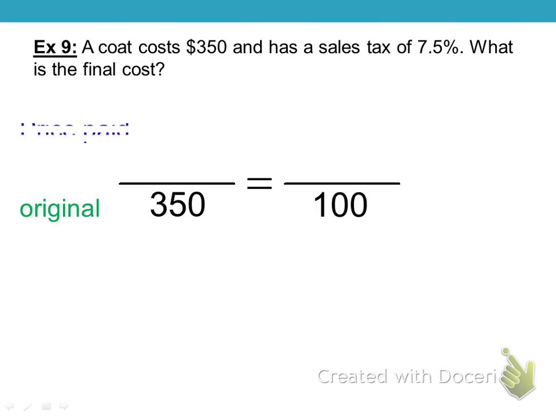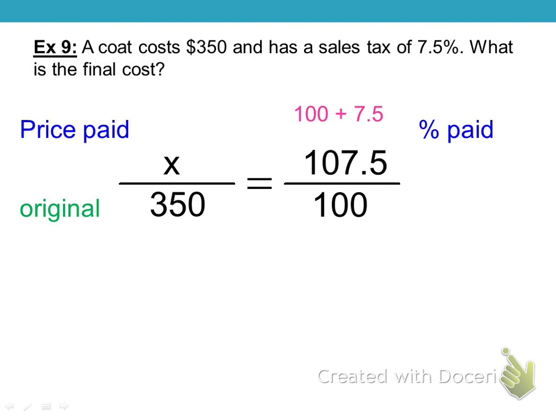Okay? So, final price paid, I need the total percent paid. You pay the full 100%. And you pay the 7.5%. So if you want this to represent the price that was paid after tax, then you need to add the tax to the 100%. Okay? Does that make sense?